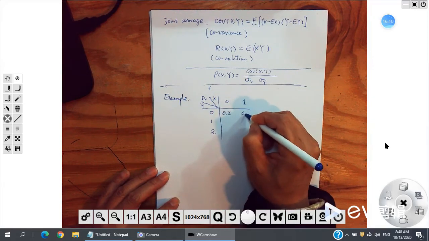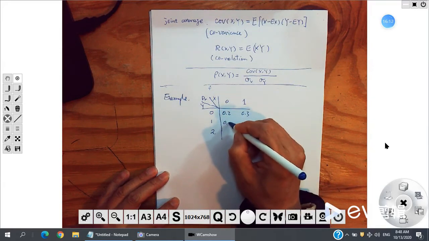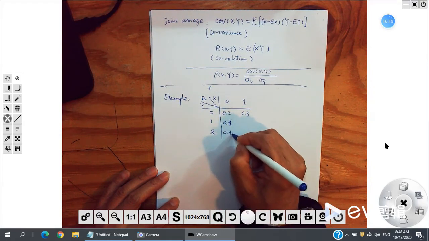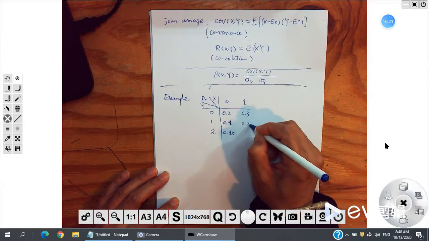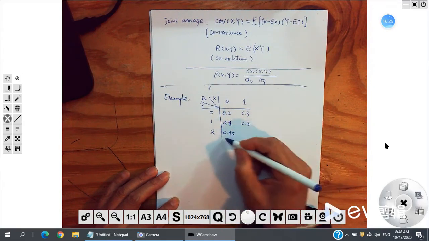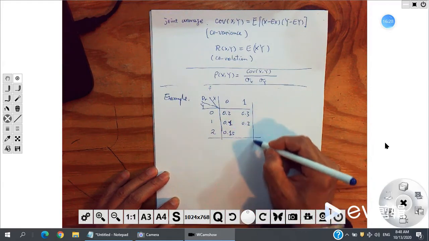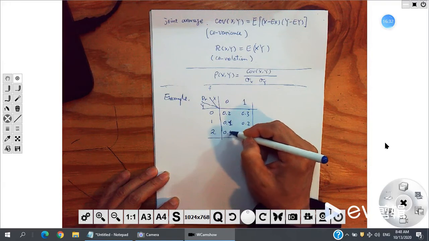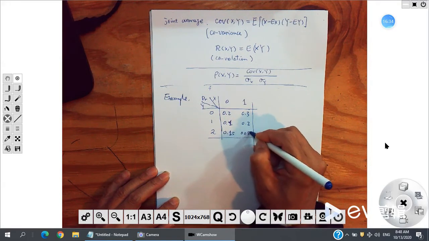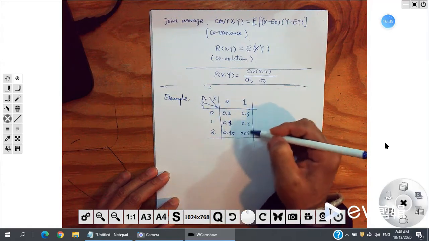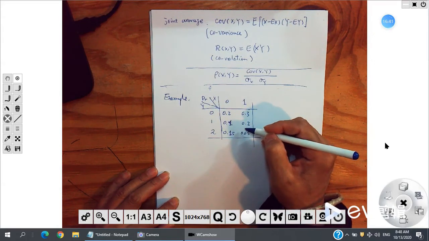0.2, 0.3, 0.3, too much, 0.1, 0.15, 0.2, then okay, 0.05. Totally it should be 1, right? This is the distribution of the 100%. So this one gave us a joint PMF, a joint distribution, right?